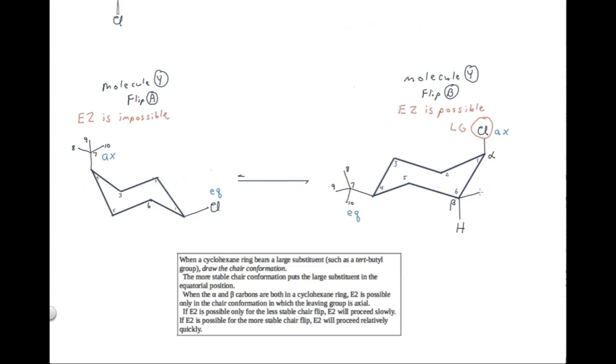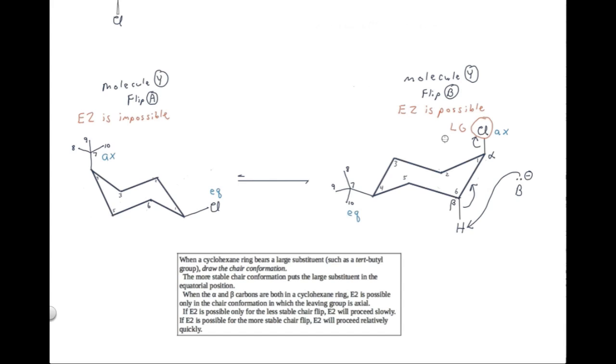So we're not going to use that beta hydrogen. We're going to use this axial beta hydrogen that's trans to the leaving group. And you can see they definitely are anti, pointing in opposite directions. Here's the mechanism, showing that E2 mechanism when the leaving group is anti to the beta hydrogen.